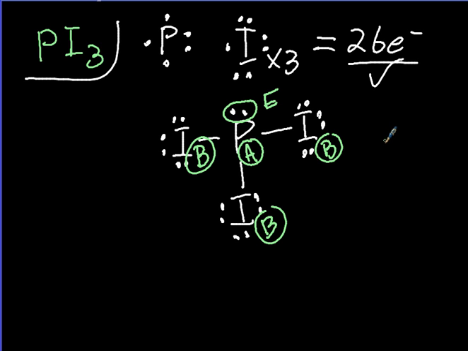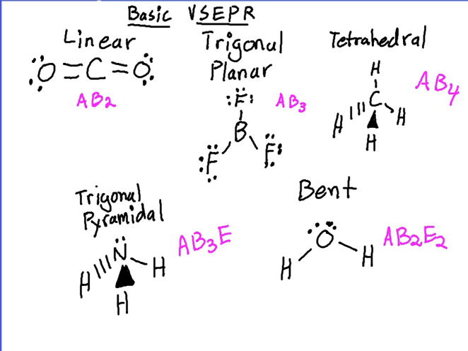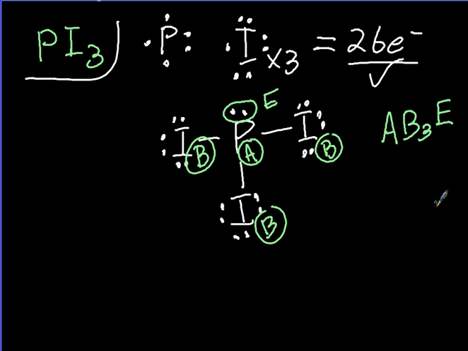So in this case, we have an A, 3 B's, and 1 E. What does that correspond to? AB3E, trigonal pyramidal. Same thing: this electron pair up here is repulsing these bonds, pushing them down, creating a different bond angle. And that's PI3.